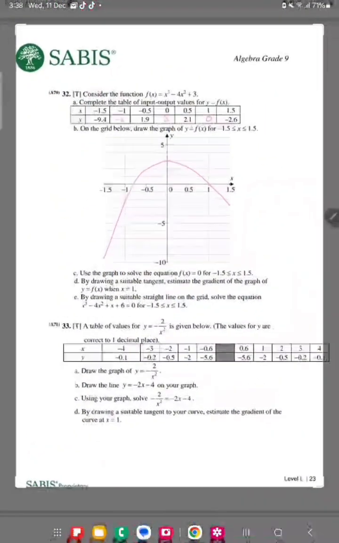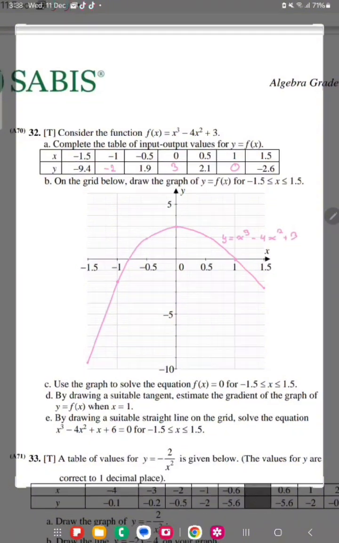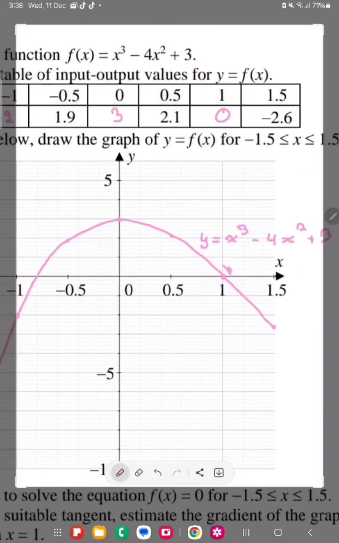Okay, this question I did the table and I did the graph. Again, it won't be that accurate, but also do not forget to label it. Now you're going to use the graph to solve f of x is equal to 0. So when y is 0, where is it touching?